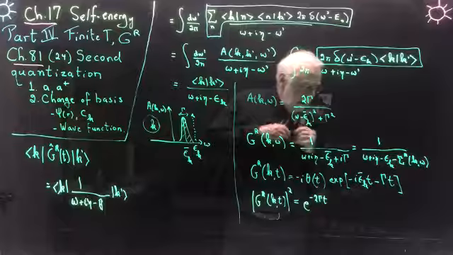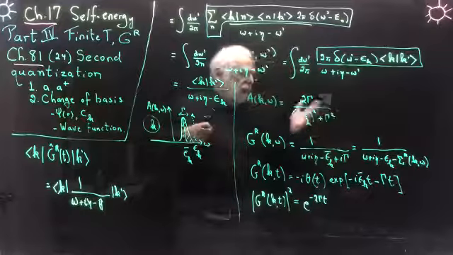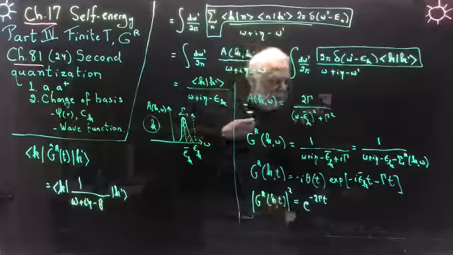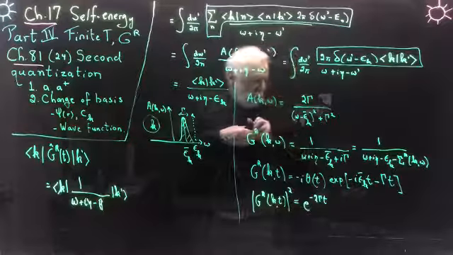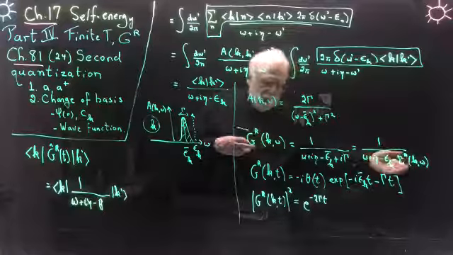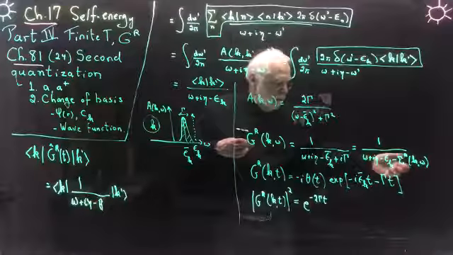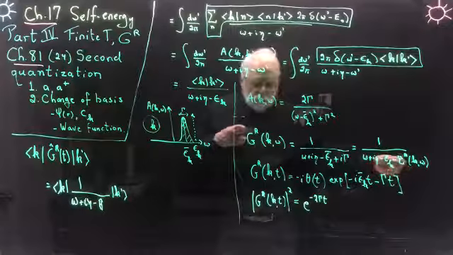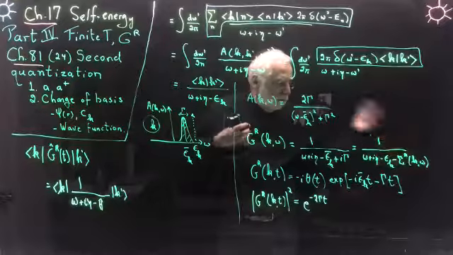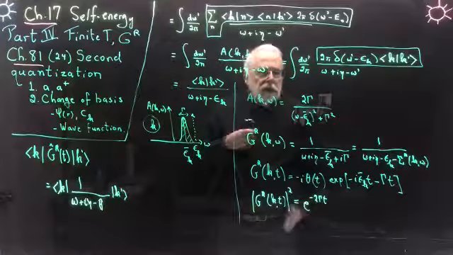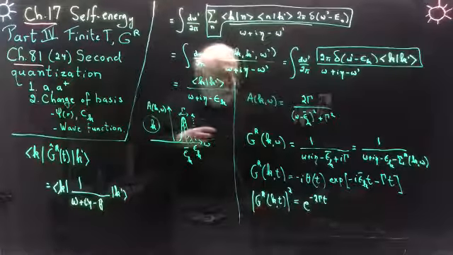Here I took a very simple model where gamma was a constant and there was just a shift. But the exact result can always be written this way, because you just take the inverse, and this is just a definition of the self-energy.